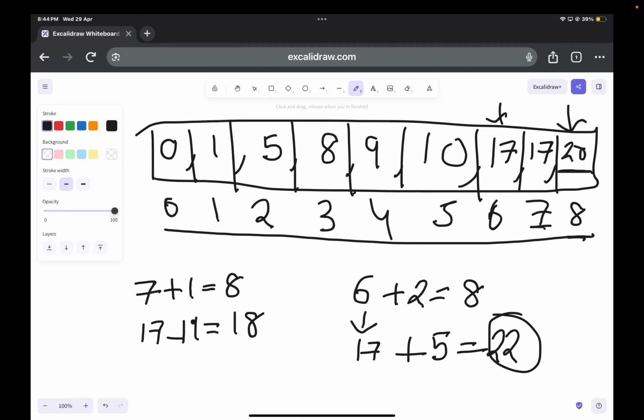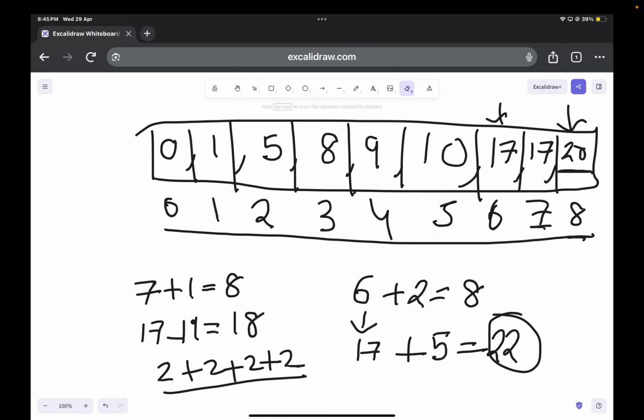Are you understanding? Yes, sir. You can also sell 2 plus 2 plus 2 plus 2. What is the answer? It is 5 plus 5 plus 5 plus 5, it is 20, but 20 is lesser.